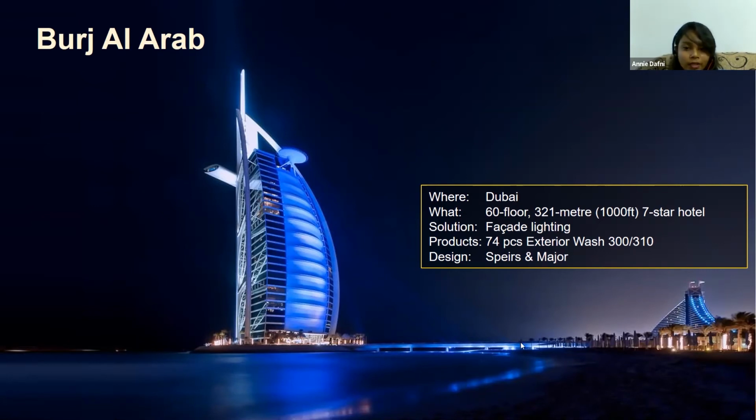And if you look very closely, you can see that there's a connecting bridge between the shore and the building, and all of the exterior washes are actually placed on the floor on the connecting bridge, and the shooting distance would almost be close to 600 meters when I'm talking about the top portion, and the light is able to reach that. So that's how powerful these fixtures are.